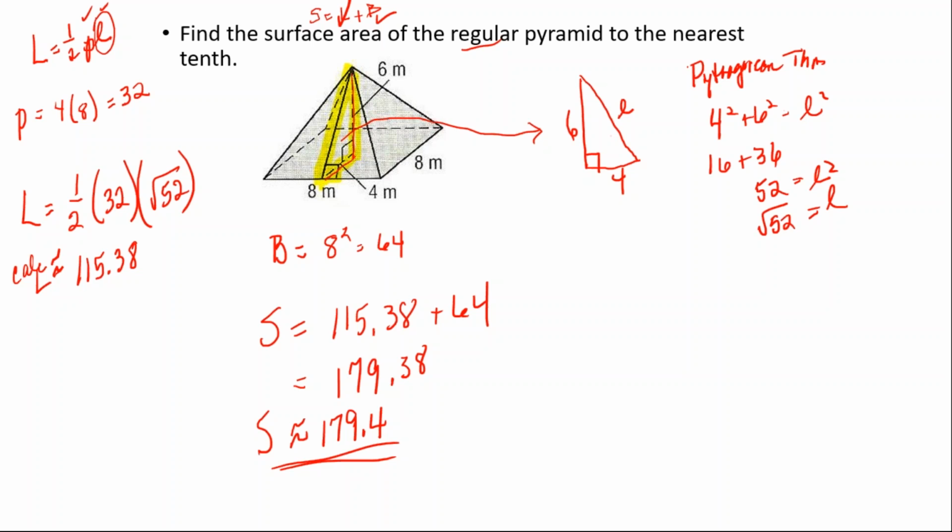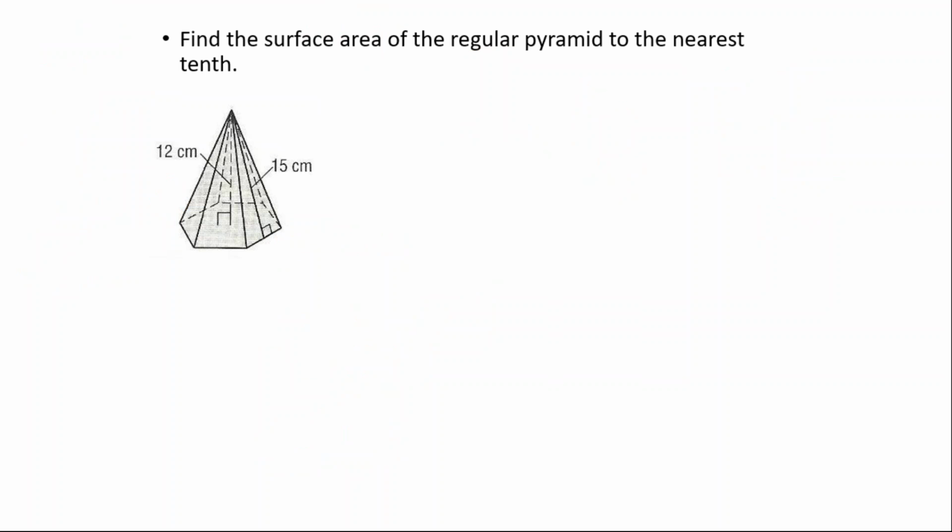We're not going to work all this next one, but I want to show you some things about this one and kind of remind you. The base on this one is a hexagon. Which means from last chapter, area equals 1/2 AP. Well, this is nice.